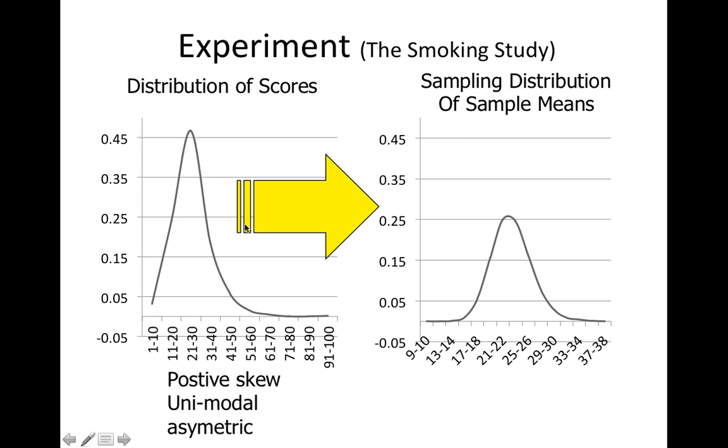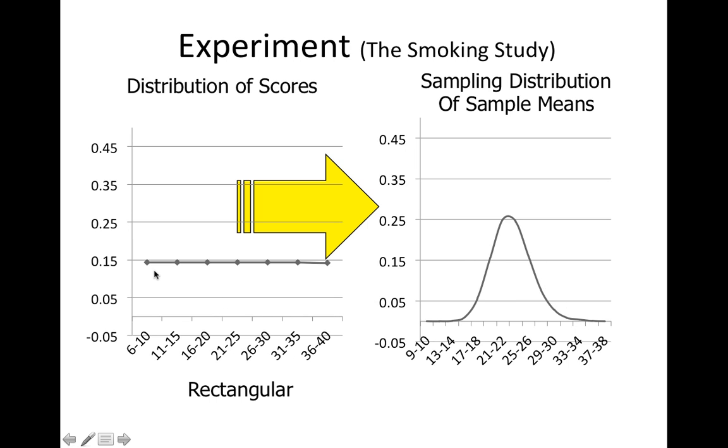Now notice we took a distribution with a positive skew, unimodal and asymmetric, and turned that into a sampling distribution which looks pretty normal. It turns out that if we were to take a rectangular distribution of scores and construct a sampling distribution of sample means, we would wind up with a normal distribution.